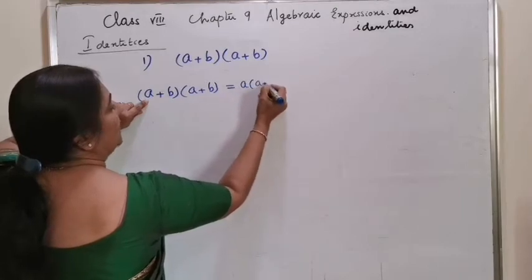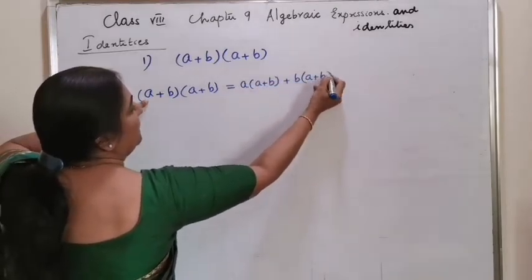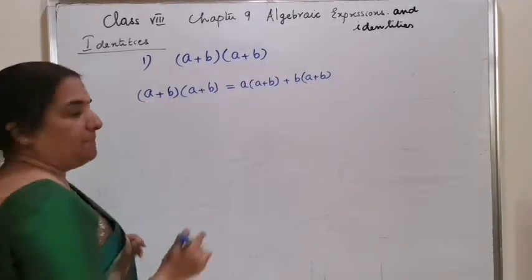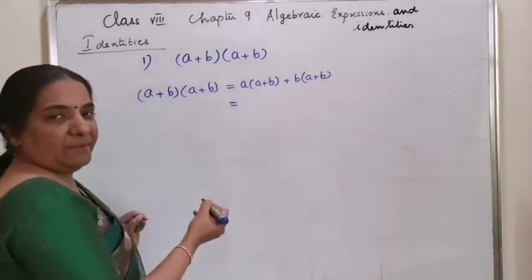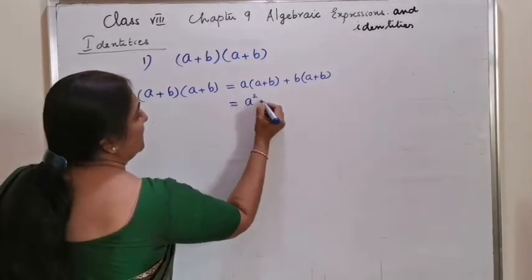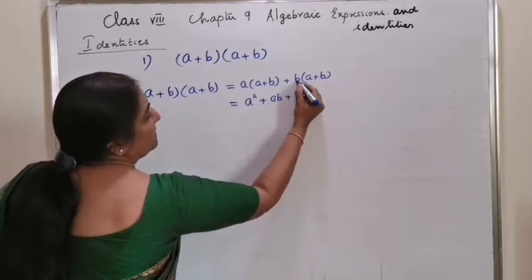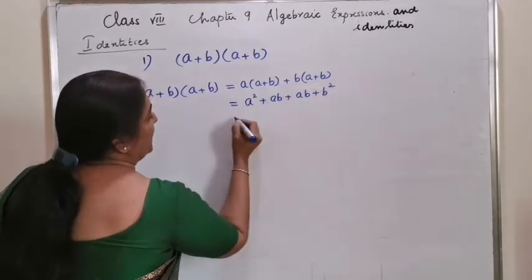A into a plus b plus b into a plus b. Which is the same as, what is a into a? It is a square plus a into b, ab, plus b into a is another ab, plus b square.